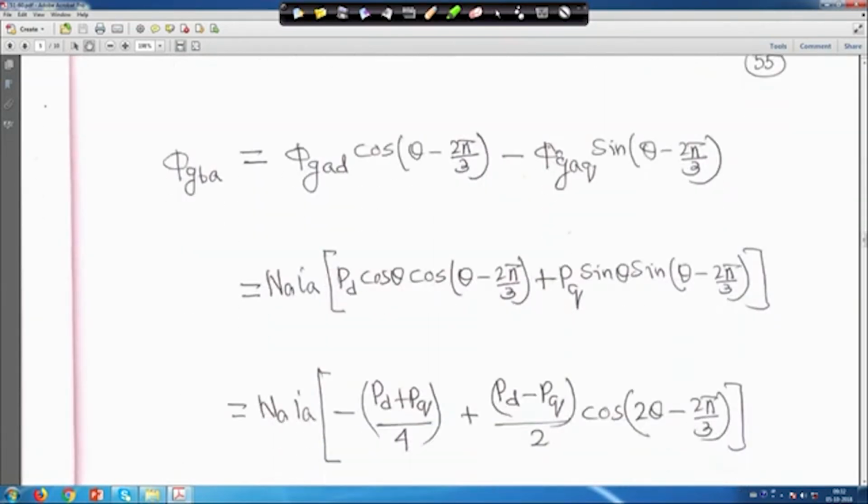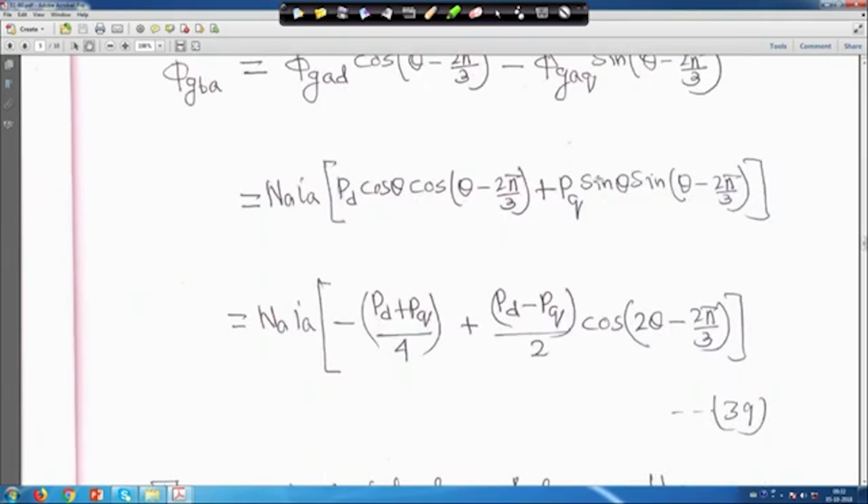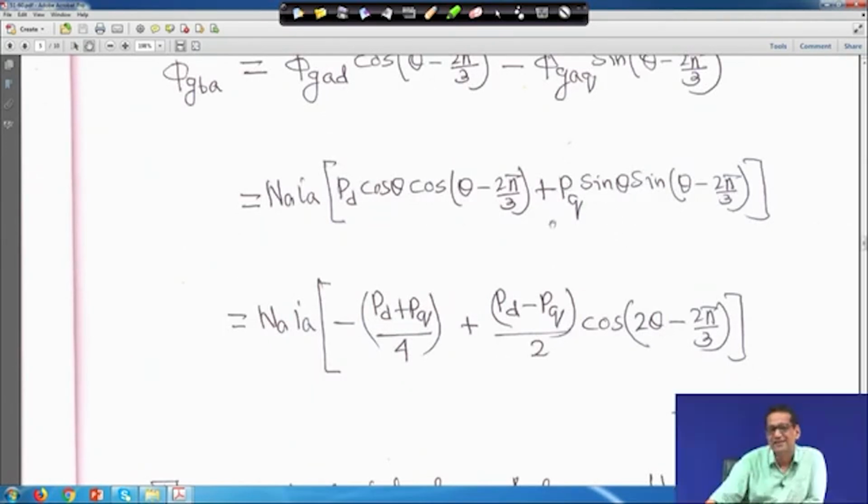If you simplify this one, this is a small exercise for you, because if I try to do all these things here, it will consume more time. If you just simplify this, it will become minus (P D plus P Q) upon 4 plus (P D minus P Q) upon 2 cos of 2 theta minus 2 pi by 3.